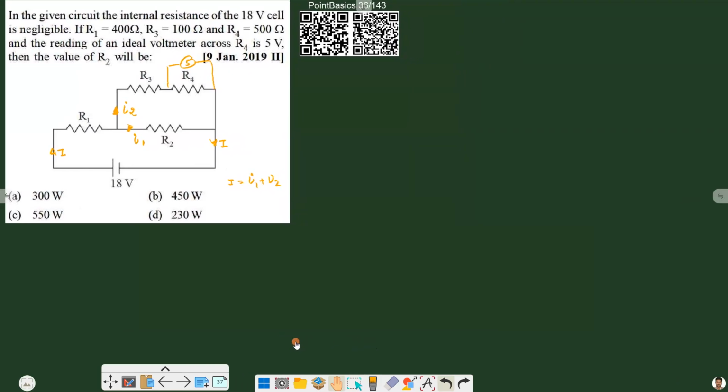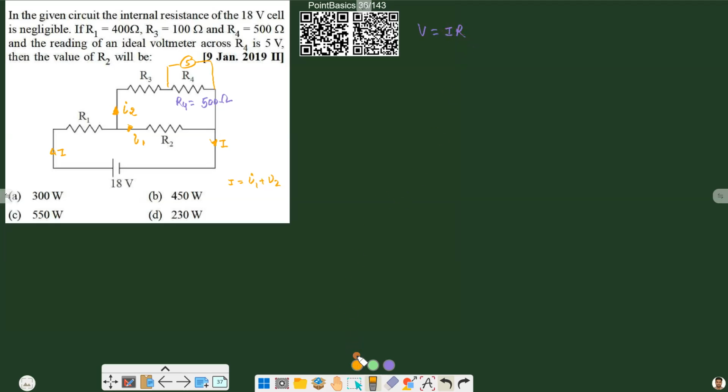The value of R4 is 500 ohm, and the potential drop across it is 5 volt. And we know that for any normal resistor, Ohm's law always holds: V is equal to IR.